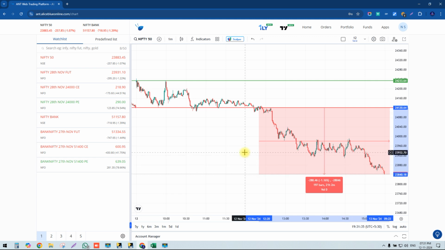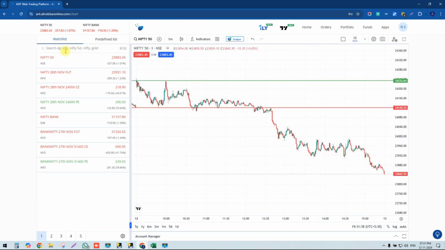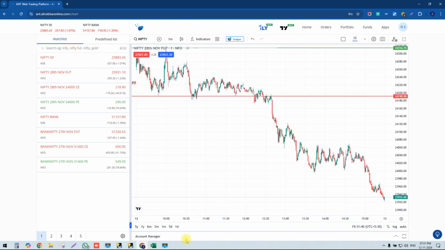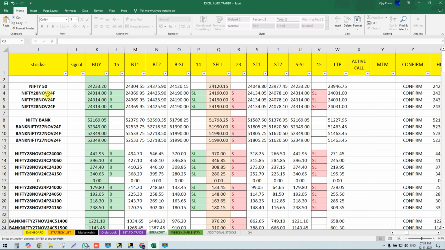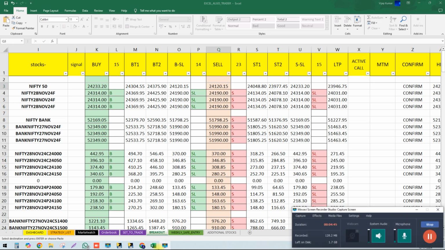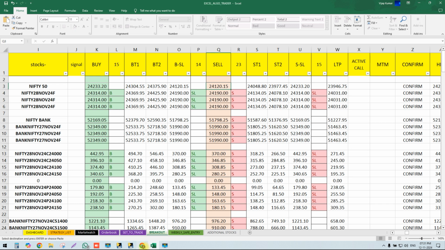Okay guys, now next we'll come to Nifty futures. You'll see here what our breakout strategy is telling in Nifty futures. It is 24,314. Yes, I'm recording this to show you live.